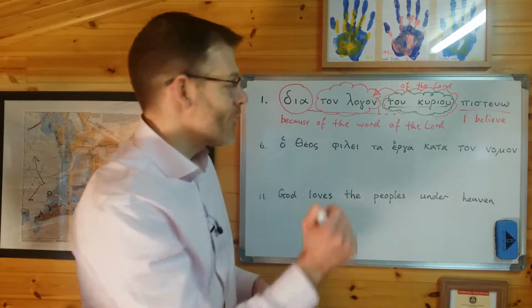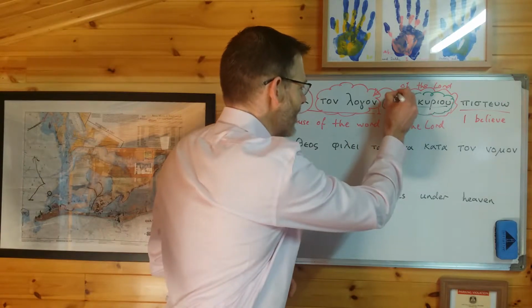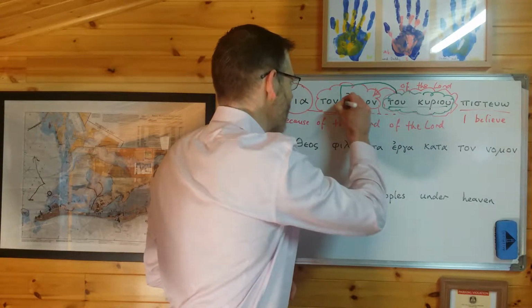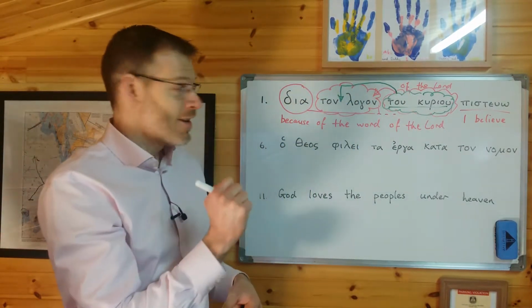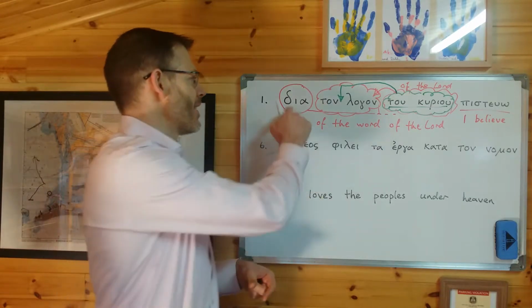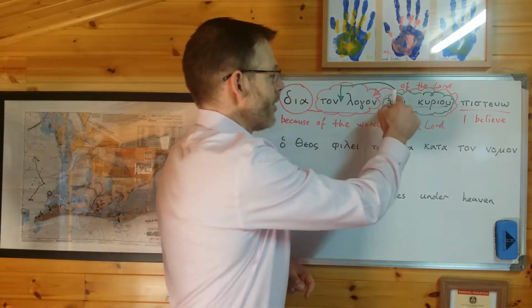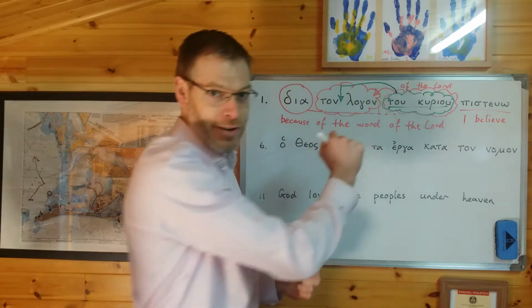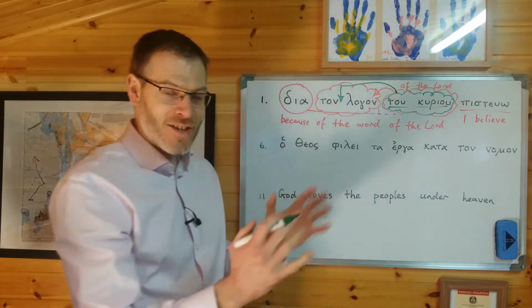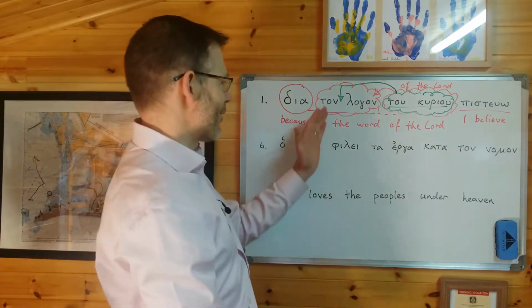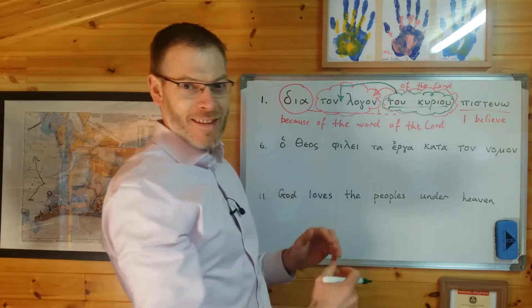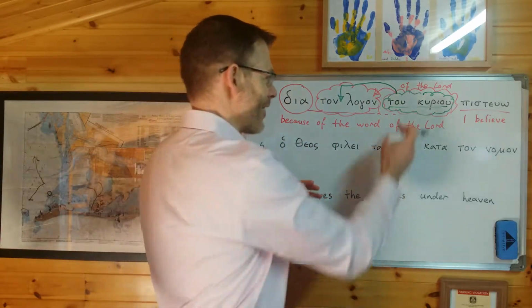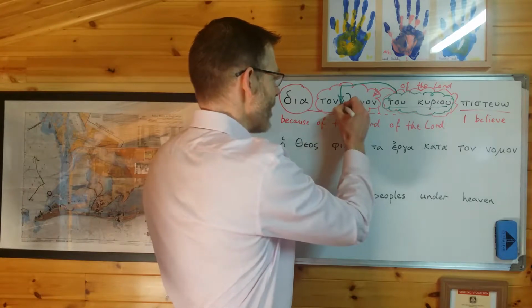Because what you would do with a sandwich construction is to pick this up and pop it in there, so that the complement would read dia ton to kuriou logon, where the sandwich is created by the bread of ton logon and the ham or cheese and pickle or whatever you like of to kuriou in the middle.